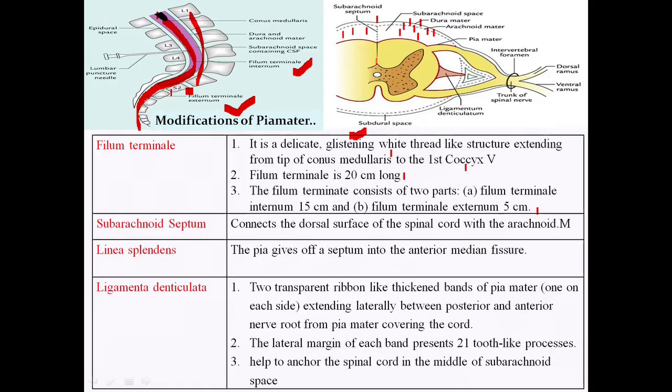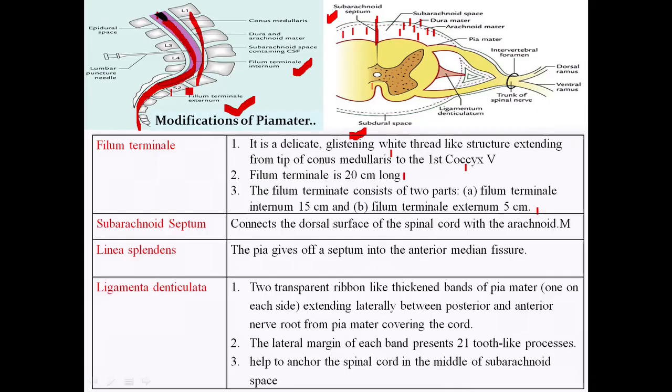Now we are trying to connect the dorsal surface. This is the level. I'm going to call this connection of the dorsal surface of the spinal cord with the arachnoid membrane the subarachnoid septum, which is also one of the modifications of the Pia Mater.